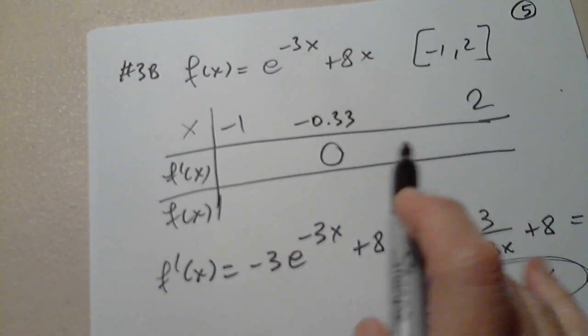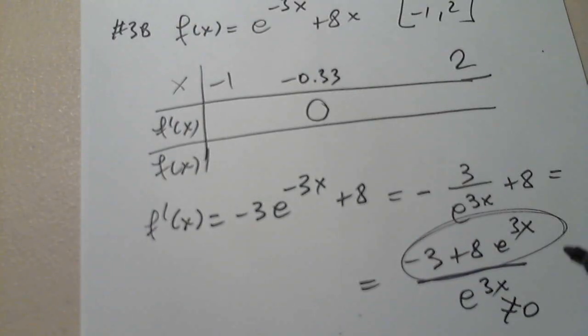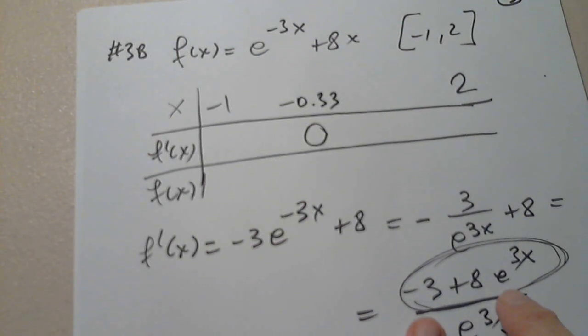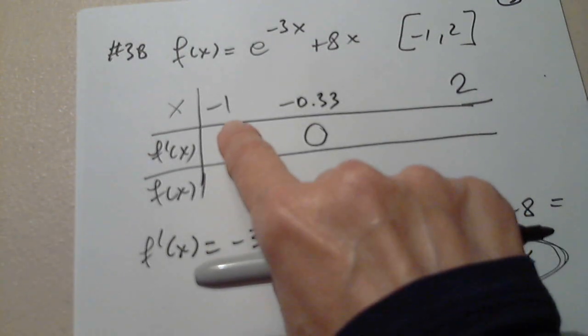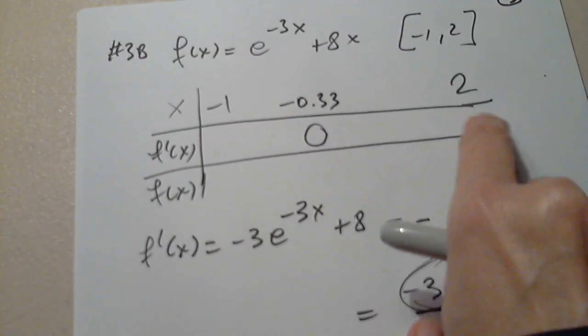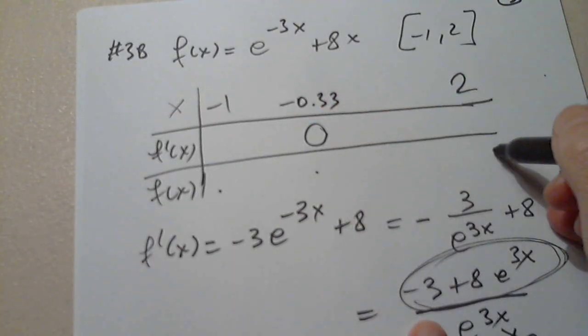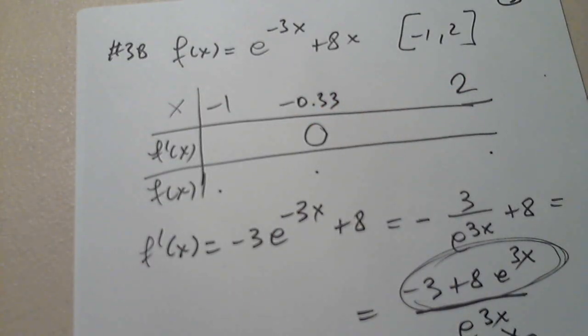Now I need to study the sign of the derivative. So here's our derivative. This is always positive. So I'm going to put this in the graphing calculator and plug in -1 to see the sign to the left and plug in 2 to see the sign to the right. And then I will determine the function value at these points. But I need the sign of the derivative.